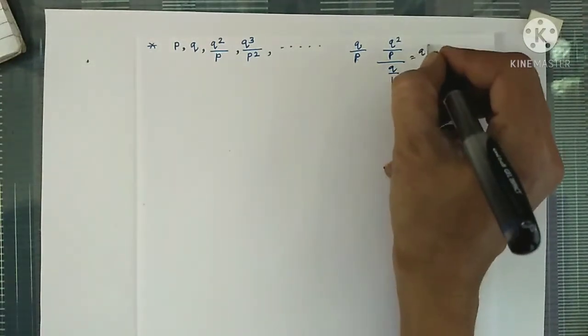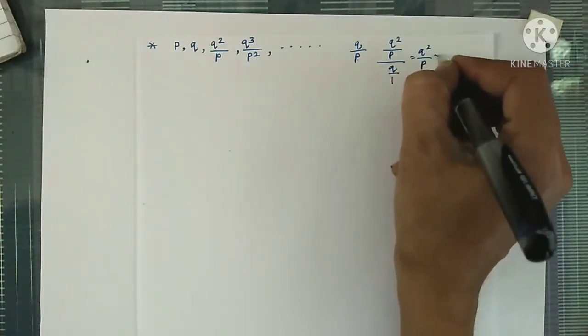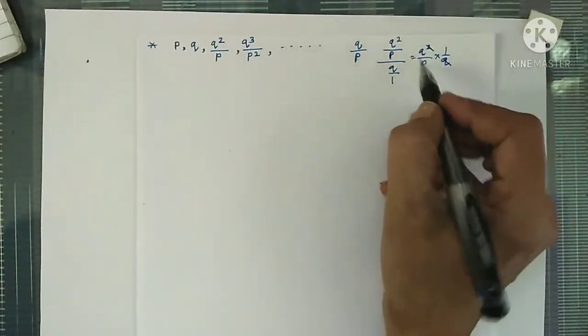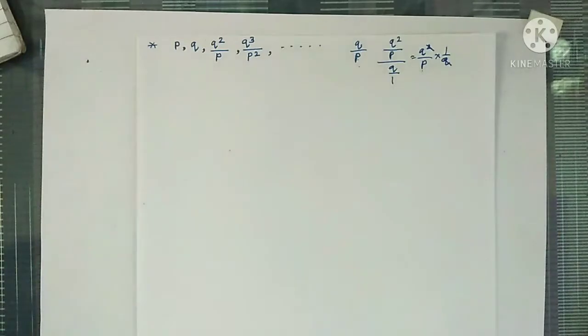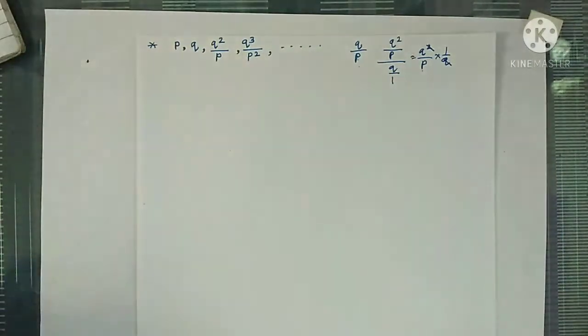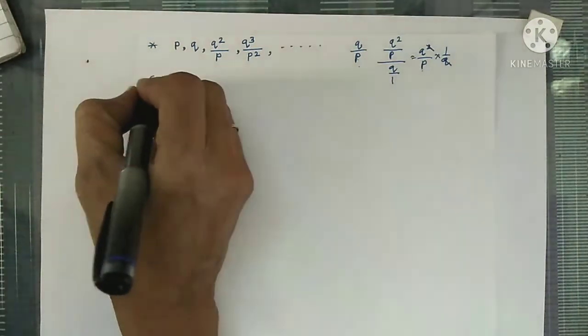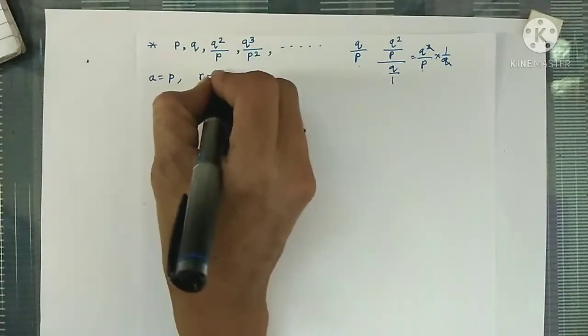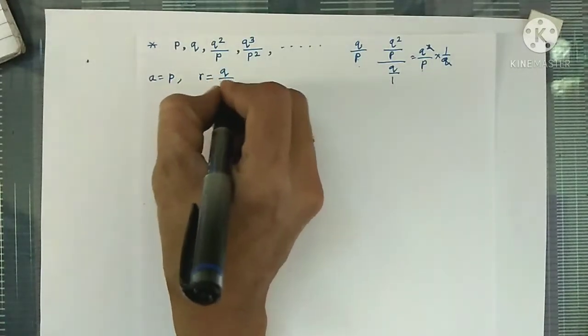So this is q square upon p into 1 by q. So q gets cancelled. Again we get q upon p only. Now this one is easy: q cube upon p square divided by q square upon p. You can cancel q square upon p and you can verify it is q upon p only. So the first term is p and the common ratio is q upon p.